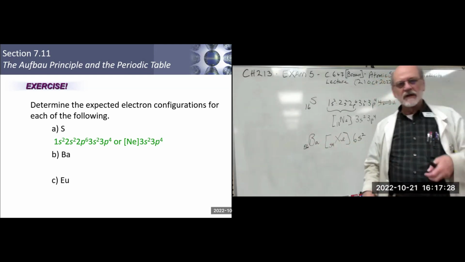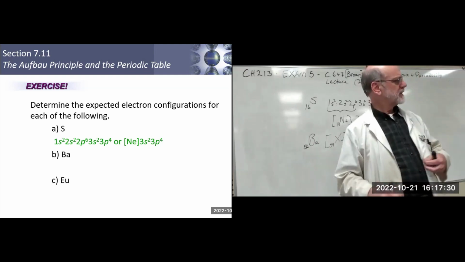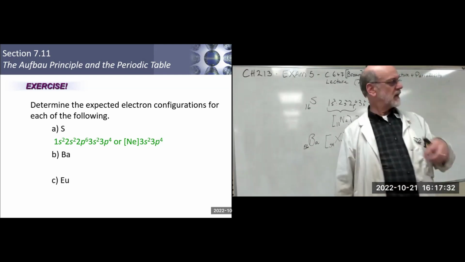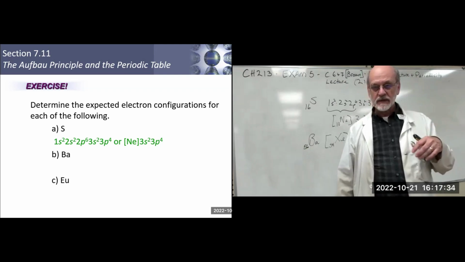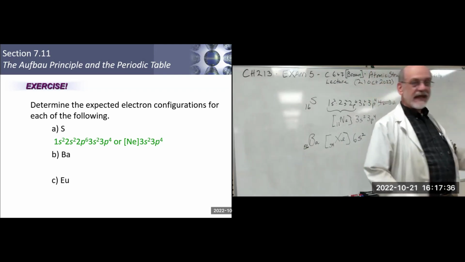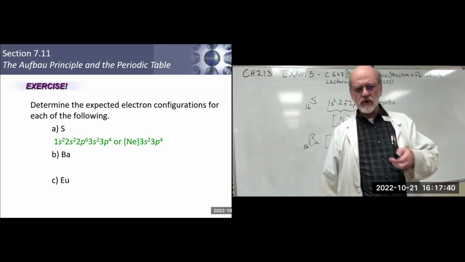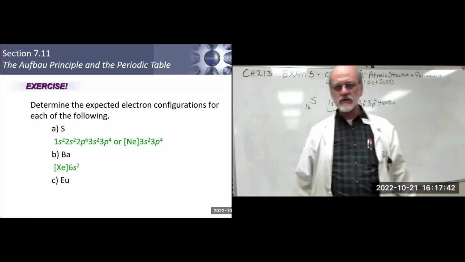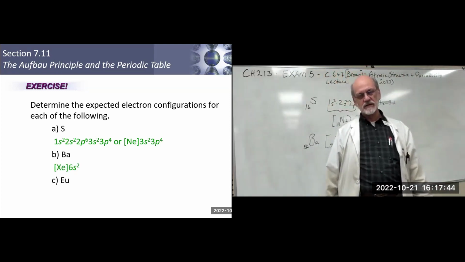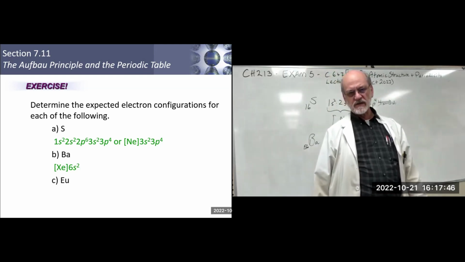All right? Europium is a lanthanide. It's an inner transition metal. I'm not going to hit you guys with any of the transition metals, so you don't need to focus on these.